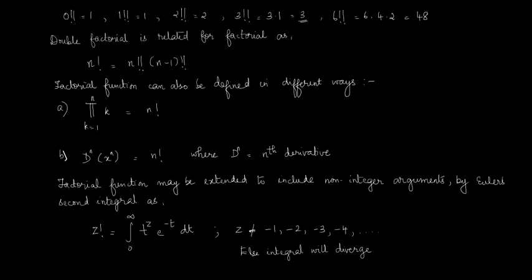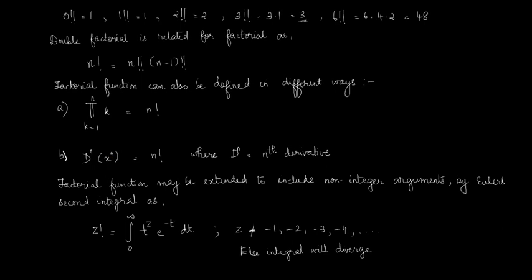So what would you get if you take the nth derivative of x raised to n? You would obviously get n into n minus 1 into etc. up to 1. That is n factorial. So another way to define n factorial would be the nth derivative of x raised to n.